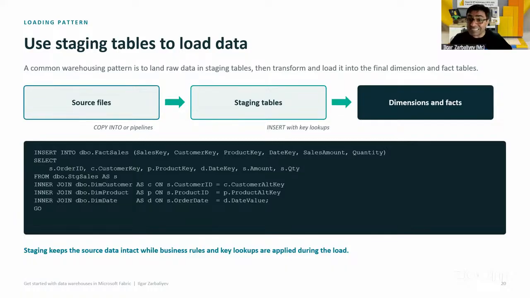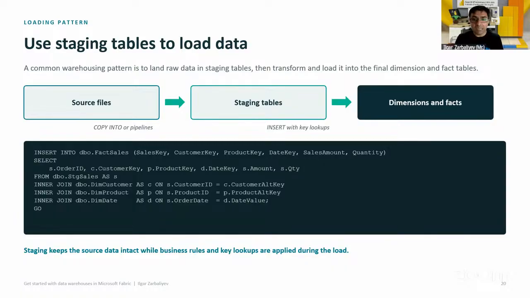Why not load straight from file into the fact table and skip staging? Three reasons. One, your source data almost never matches your model shape, and you need somewhere to do that work. Two, if a load fails halfway, you still have the stage data and you can rerun the transformation without going back to the source.